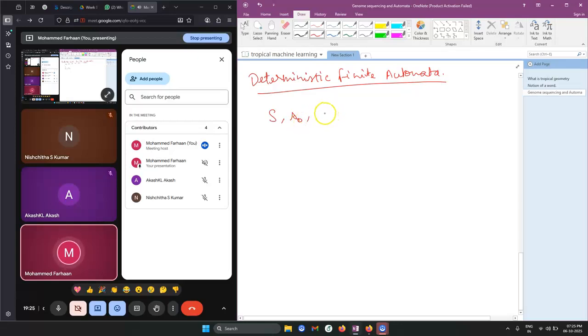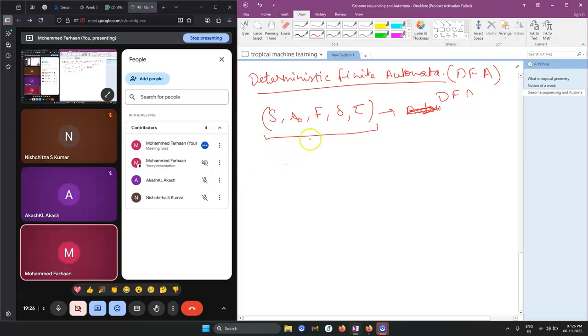I am going to have accepting states. I'm going to have my transitions. What's the last one? Oh, right, how could I forget? Sigma. Yeah, there we go. So this behemoth of 5 things comprises what I call my automata, my DFA, my deterministic finite automata.